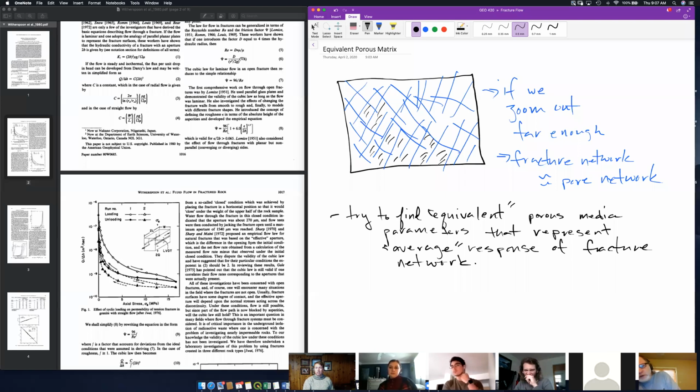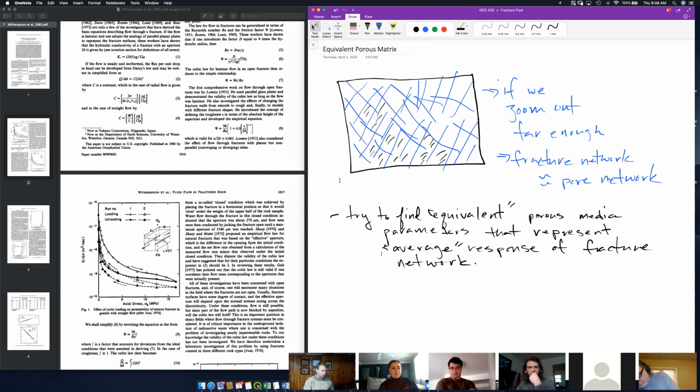So prediction of exactly how water will respond at a given well in a fracture network is basically impossible. If our well intersects enough fractures, then we can do it well. But if our well would only intersect 1 or 2 fractures, it's a really bad situation for predictability.